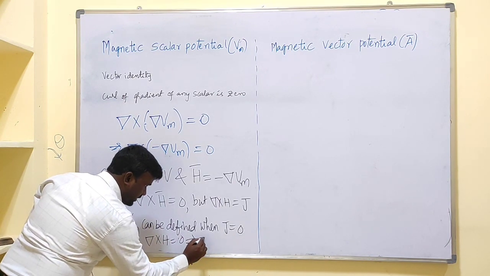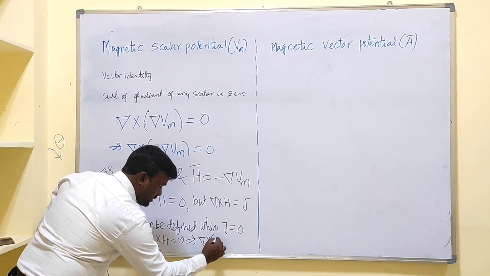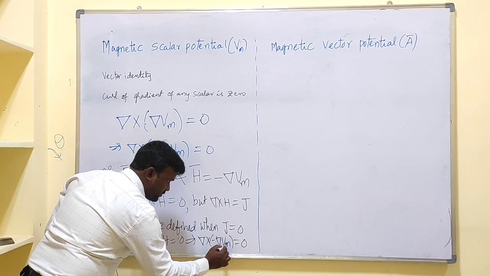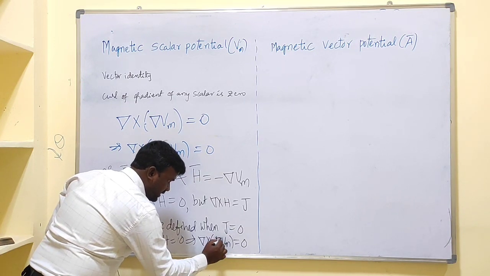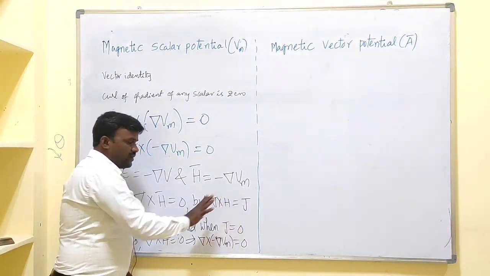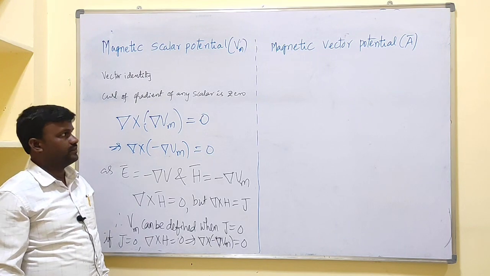That implies del cross del Vm equal to 0, that is, curl of gradient of any scalar is 0. The vector identity is always satisfied, but the condition to define this Vm is J equal to 0.